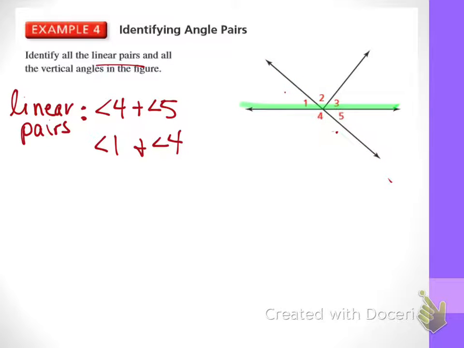So again, we looked at this line and found a linear pair. We looked at this line and found a linear pair. Is this a line? No. Remember, lines don't end and they don't start, right? This is a ray. So there's not going to be a linear pair. It's just not going to happen. So that's it for linear pairs. There was just 1 and 4, and 4 and 5.